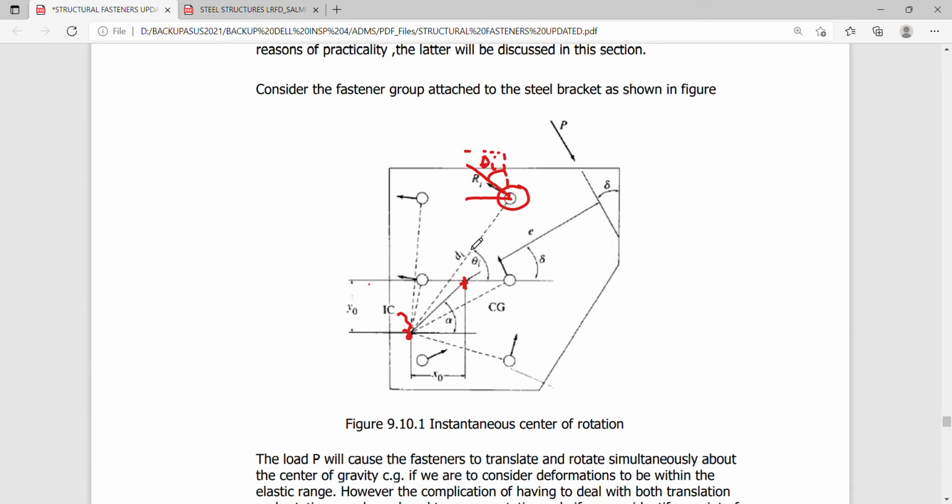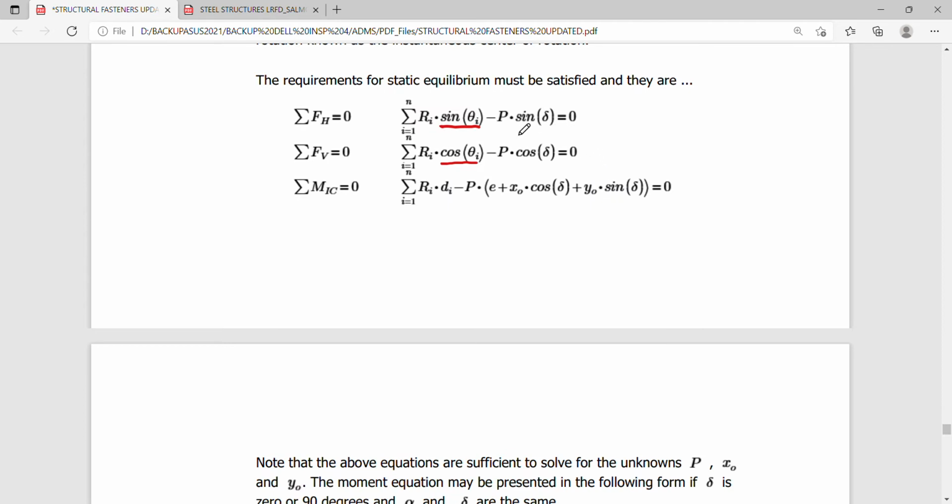For the P value or the load, if the load is referred to the vertical axis here by an angle delta, then the perpendicular distance between the center of gravity up to the line of action of your applied load will be reckoned from the horizontal, such that your horizontal component again will be a sine of the angle delta, and your vertical component will be the cosine of the angle delta.